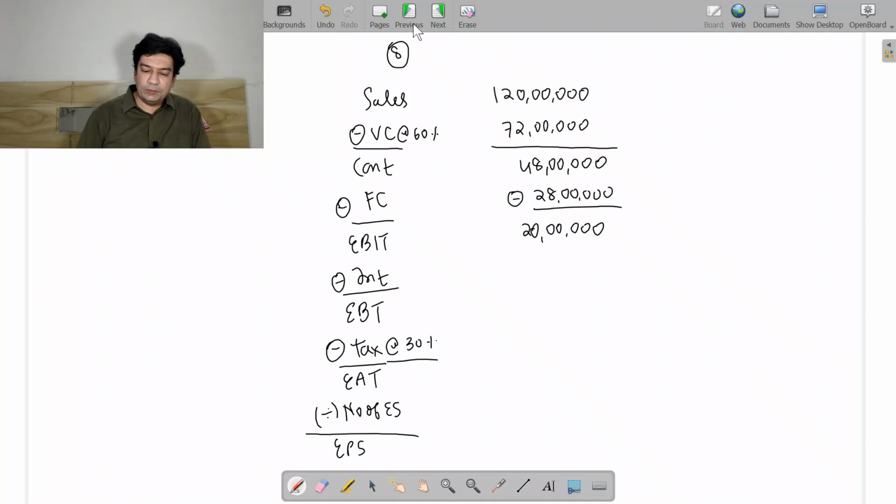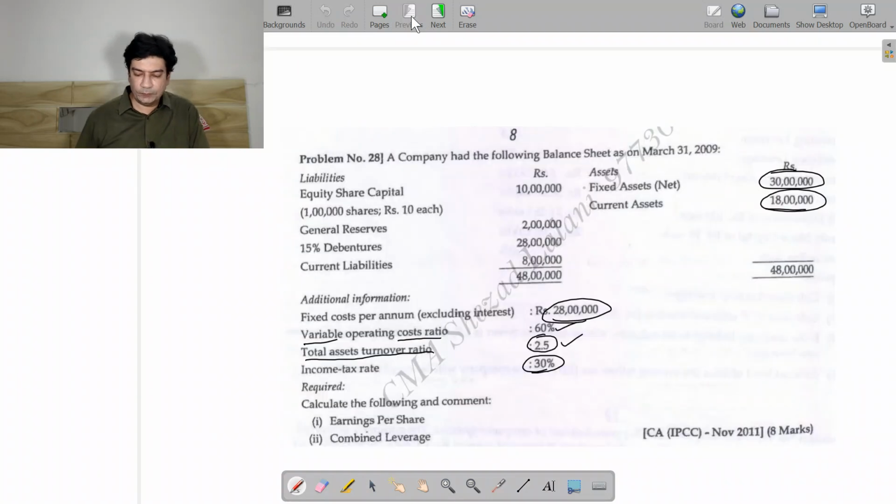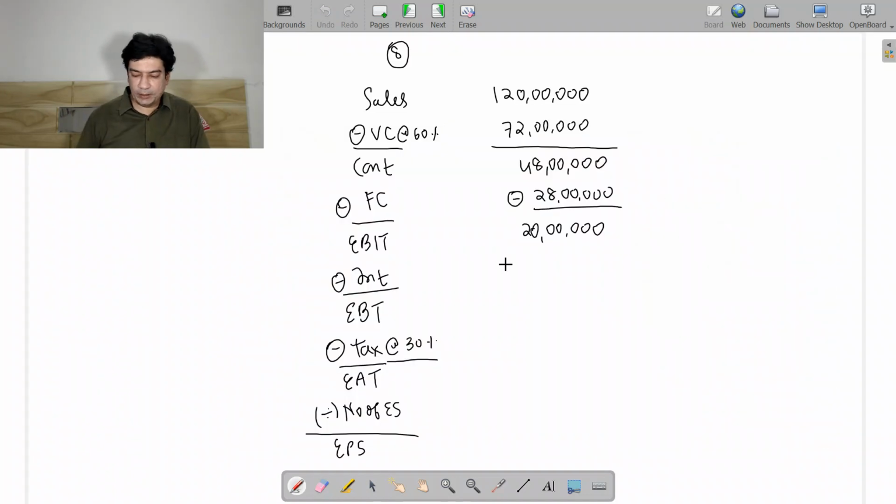Now what about the interest? So we have 28 lakhs worth debentures and we need to pay interest at the rate of 15%. So on 28 lakhs 15%, that is 4 lakh 20. So we have to pay an interest of 4 lakh 20. So from 20 lakhs we'll subtract 4 lakh 20. So I'm going to get 15 lakh 80,000 as my EBT.